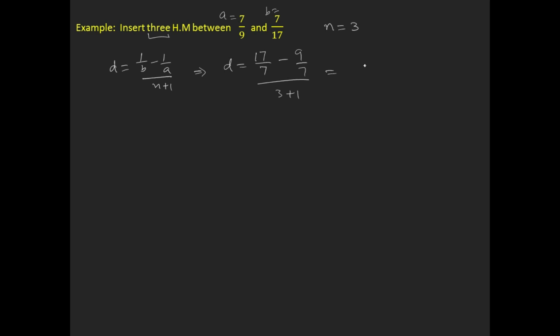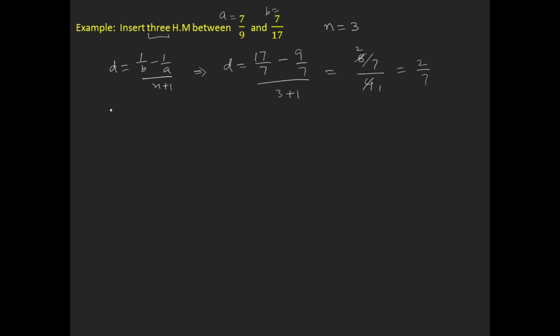So 8 divided by 7 and divided by 4. 4 1s are 4 and 4 2s are 8. So the answer is 2 divided by 7.